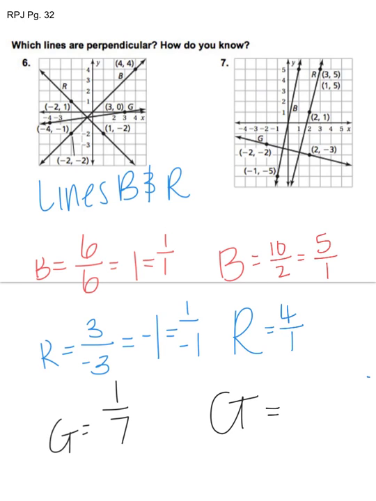And for the G line, you should have gotten negative 1 over 4. So looking at these three slopes, I need to think which two, when multiplied together, give me negative 1, and that would be lines R and G.